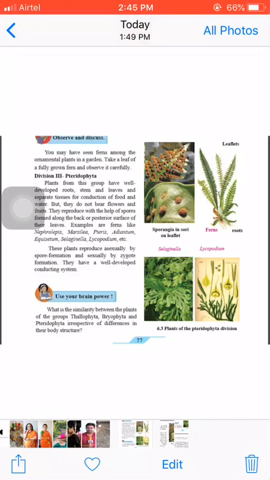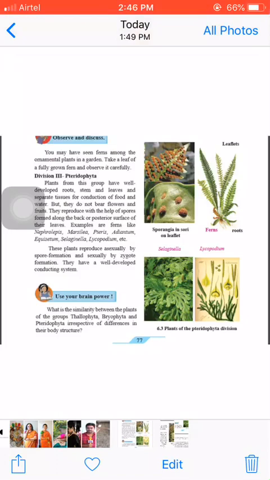In roots they absorb water from the soil, and because conducting tissue is present, water is transferred from the soil to the upper part of the body. In the same way, in the stem also they have conducting tissue, because of which they translocate food from the leaf to the different parts. But they don't have flowers and fruits.